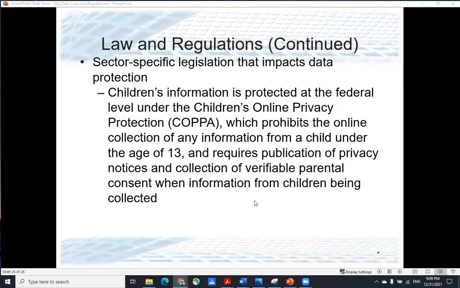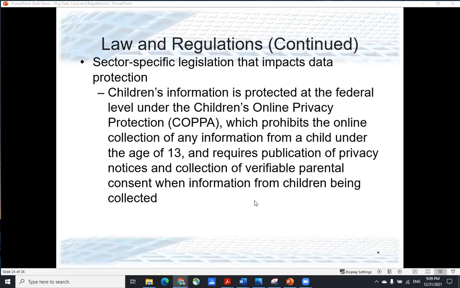And there is another federal act on children's information, COPPA, which basically protects children's information at the federal level. This is called the Children's Online Privacy Protection Act, or COPPA. This act prohibits the online collection of any information from a child under the age of 13.